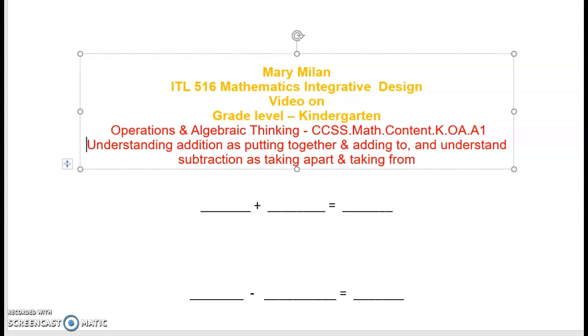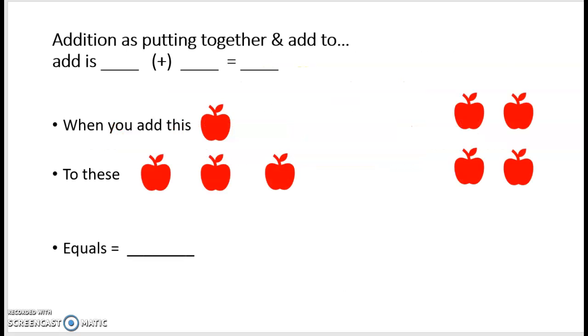On my second slide, I have addition as putting together and adding to. So up on the upper right, it says add is plus symbol. Another digit is needed, equals, and then the sum.